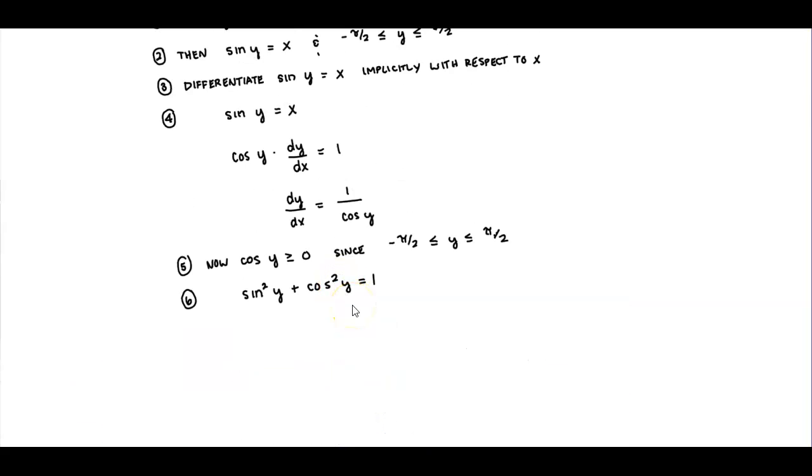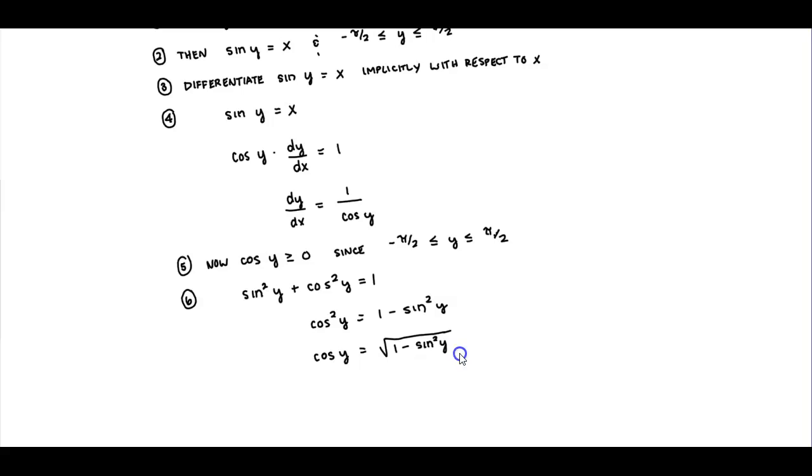And by doing so, we would subtract the sine squared y from both sides. And then taking the square root of both sides, we get the cosine of y, which is equal to the square root of 1 minus the sine squared y.